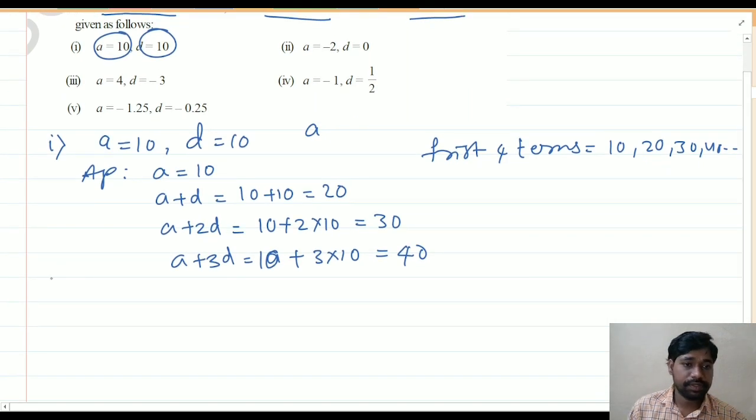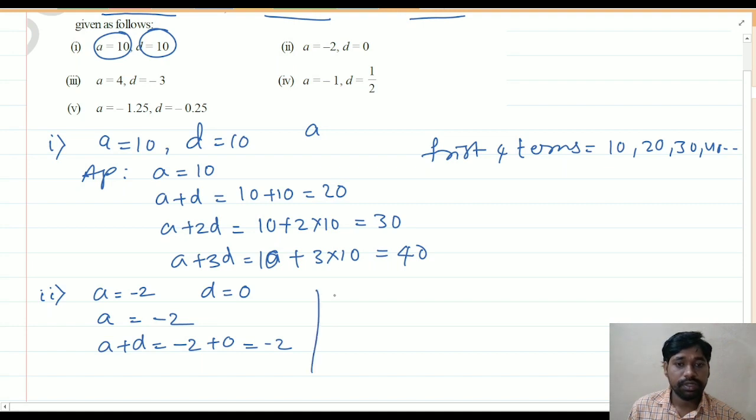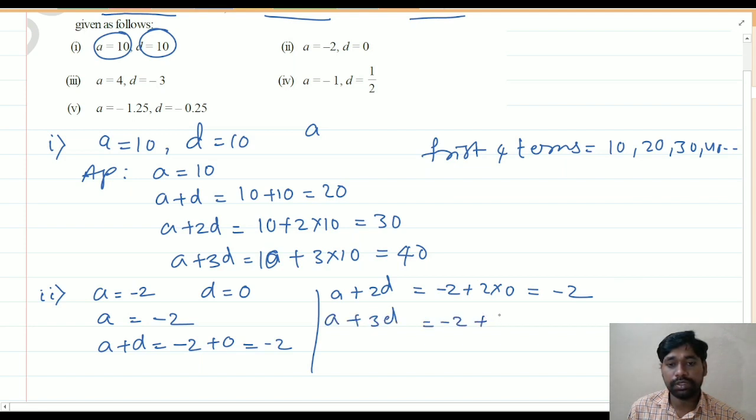Next. Second one, see that. a equals minus 2, d equals 0. So if the difference is 0, the AP will go on repeating. a equals minus 2. a plus d equals minus 2 plus 0, nothing but minus 2 only. a plus 2d equals minus 2 plus 2 into 0, which is also minus 2 only. a plus 3d is minus 2 plus 3 into 0, also minus 2.